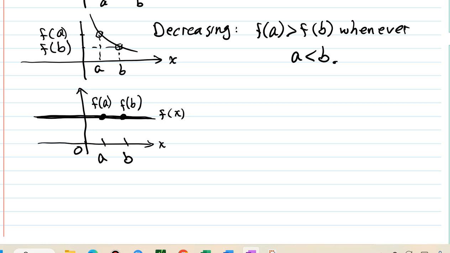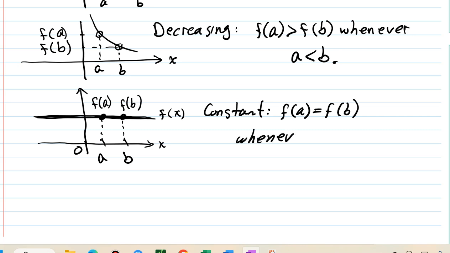Those are exactly the same values, right? They're the same distance away from the x-axis. So for a constant function, we're just going to say f at a will equal f at b, whenever a is different from b. As long as they're different, it doesn't matter which is greater, which is smaller.